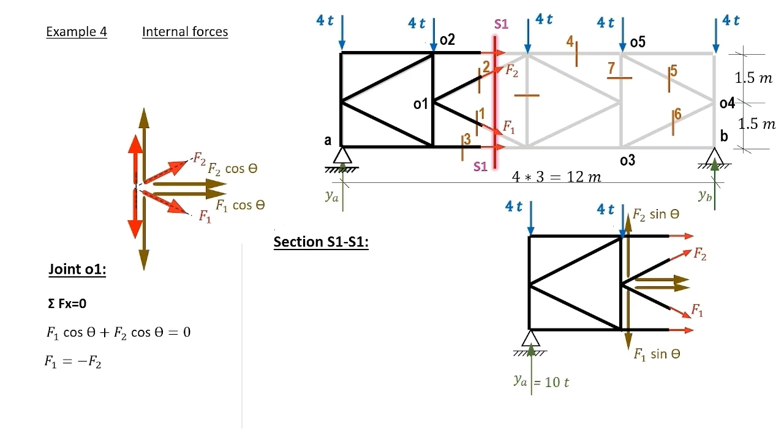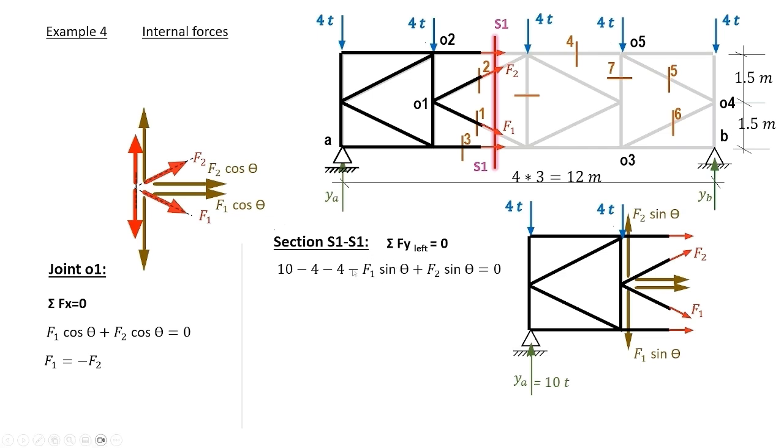We are interested in the vertical direction now to get the second equation in F1 and F2. So sigma Fy equals 0. We consider the external forces, 10 tons, 4 tons, and the other 4 tons, the forces in green and blue, and we consider the vertical internal forces F1 sine theta and F2 sine theta, respecting the signs.